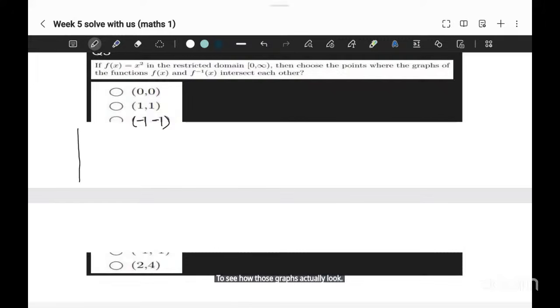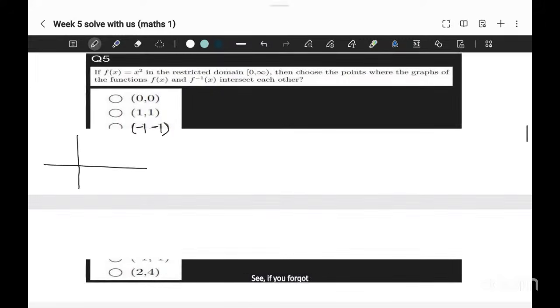See, if you plot this diagram, one is x square. So x square is kind of like this, correct? That is the parabola. And if my f of x is x square, what is my f inverse x? Under root x? Yes. So for under root x, it will be kind of like this. So this is my y equals under root of x, and this is y equals x square.